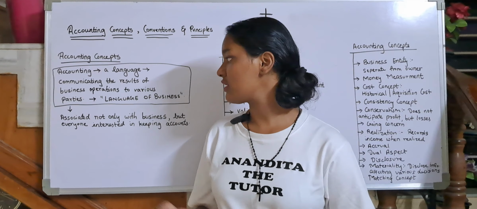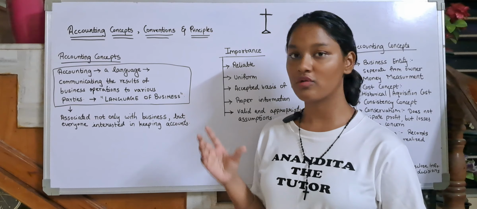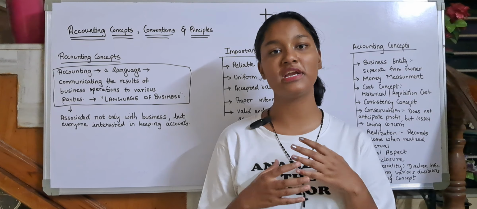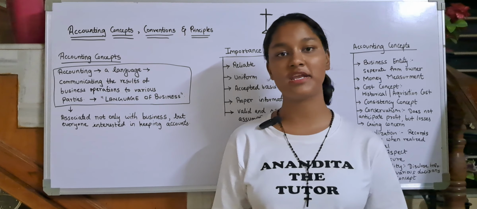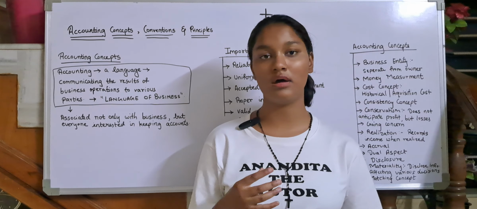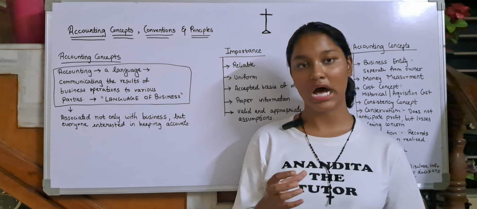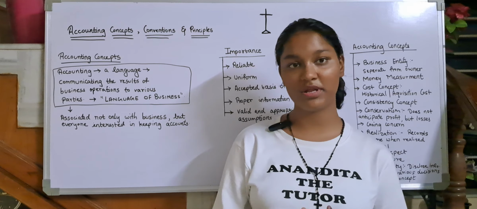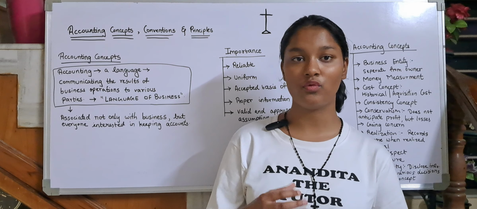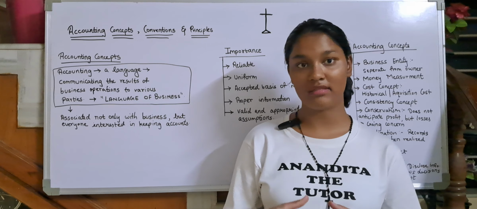Okay, accounting is associated not only with business. If I have a business, it's not related only to my business, but to everyone who is interested in maintaining accounting. For example, housewives keep a note of how much expenses there were in the previous month, what new expenses must be anticipated, what all we need as a household.